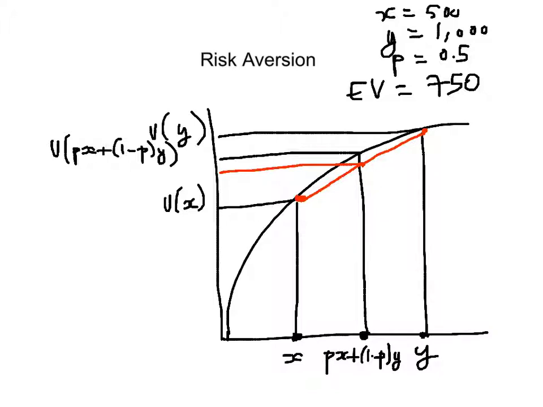So this level right here is simply the utility of the lottery, which is none other than P times u of x plus 1 minus P times u of y.